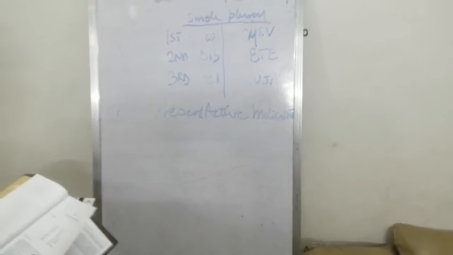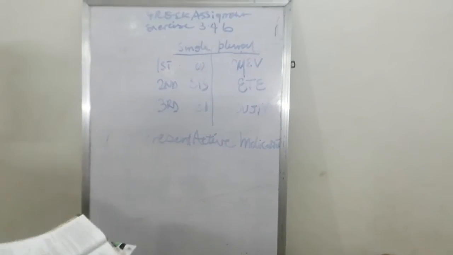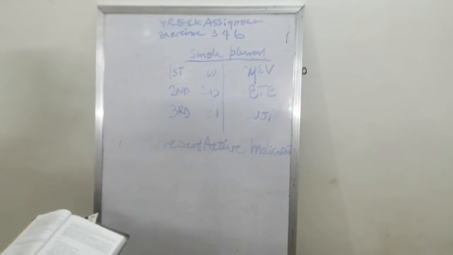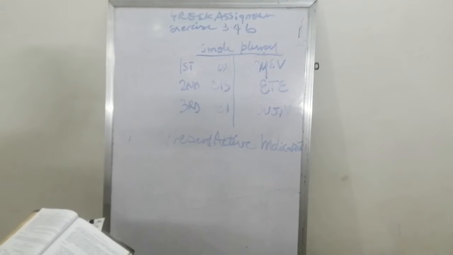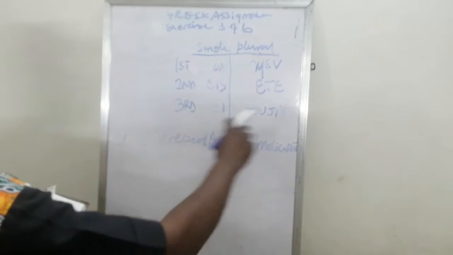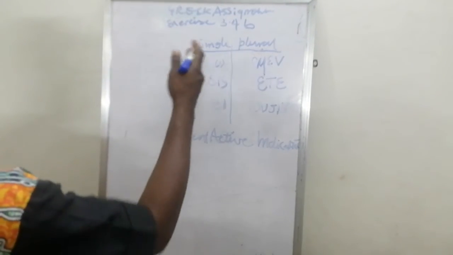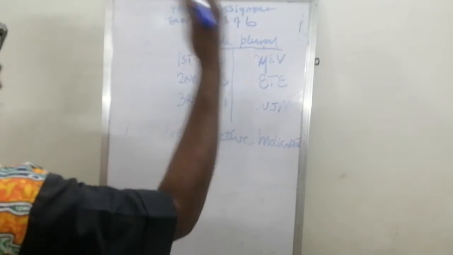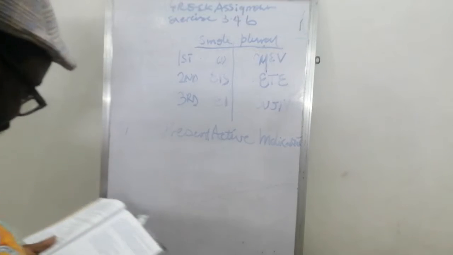So you put that down first, and then you find out the ending of the word, whether it ends with any of these. Then you know whether it's first, second, or third person, plural or singular.